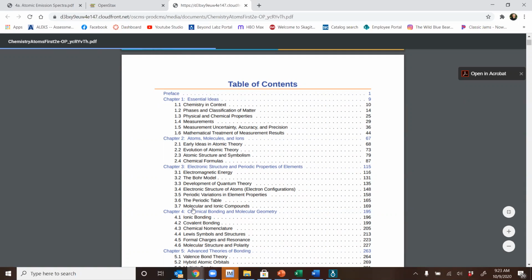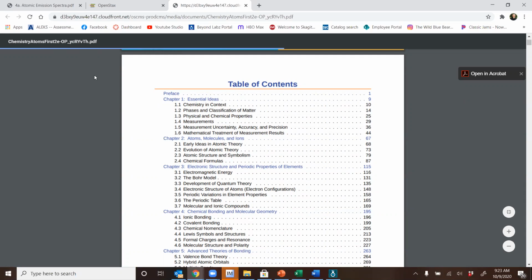The writing isn't quite as good as our textbook, and the figures are a little bit dated in this book. But the cool thing is it's a PDF, which means you can download it to any kind of e-reader and read it through there. The other cool thing is it's completely free.